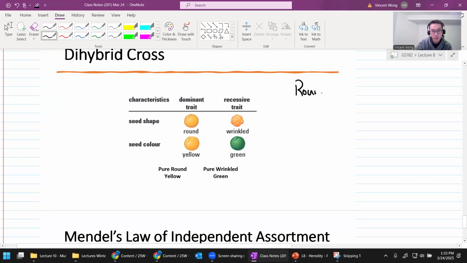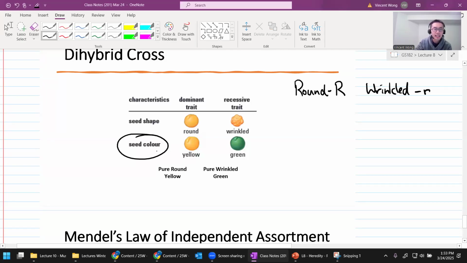Capital R is round. That's right. And wrinkled would be small r. That's right.